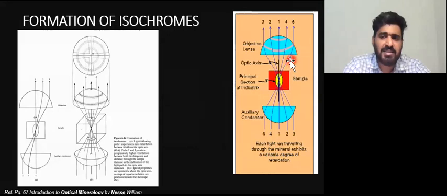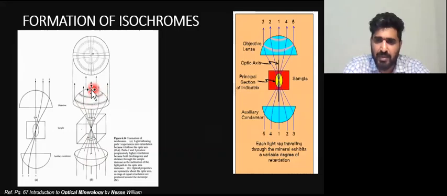The central line, the number 1 ray, goes through the mineral without any double refraction, but numbers 2 and 4 have traveled the same distance. You will have a cone of light emerging through the mineral, with an inner cone having equal retardation, a particular color.